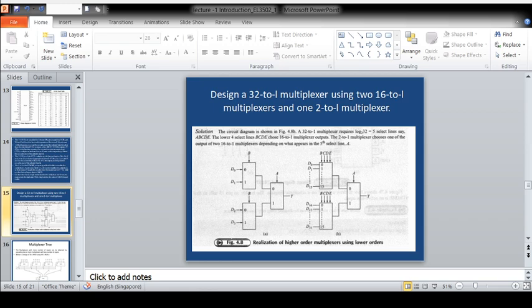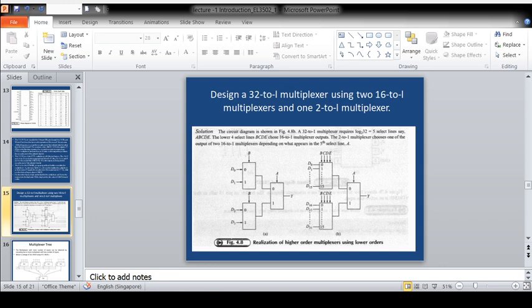That is, the lower multiplexer is enabled and the output takes the value from D16 to D31. This way D0 to D31, a total of 32 channels, are there, and out of those one channel is steered to the output. So this way a 32 to 1 multiplexer can be prepared from lower multiplexers.